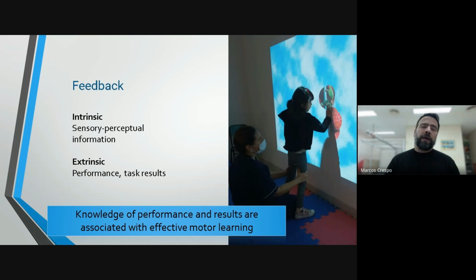Another principle is to get a lot of feedback. We know that the more feedback we have during the activity, the better for motor learning, to get neural plasticity.